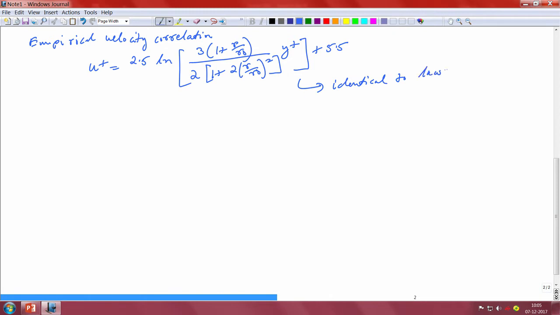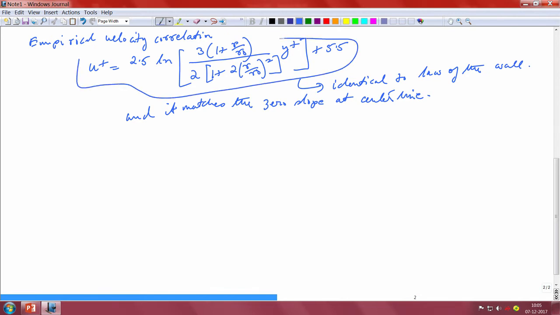So, this is identical to the law of the wall, and it matches the zero slope at the center line. So, this is an empirical velocity correlation though, whereas in the previous one that we showed, the tau apparent very close to the wall is actually equal to tau naught. That produces, as we said, a slope which is finite.